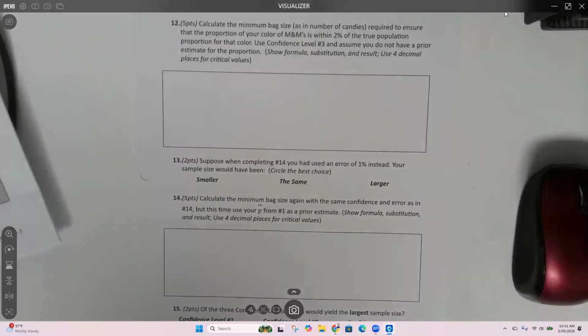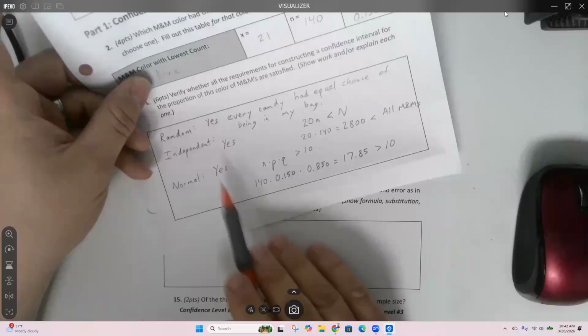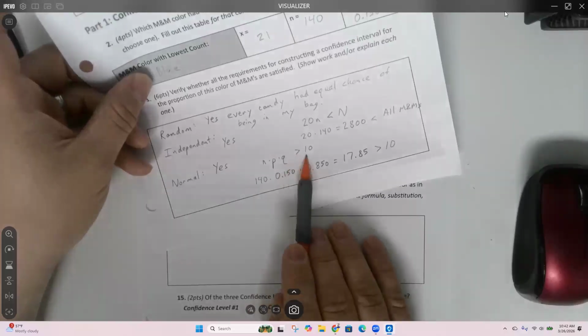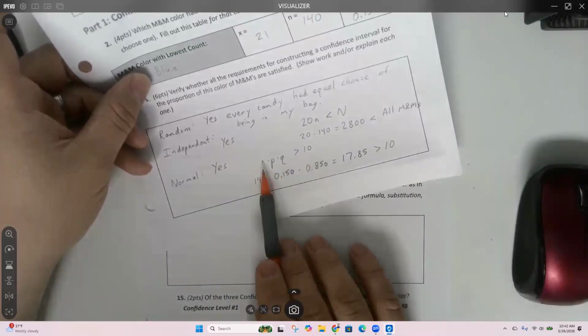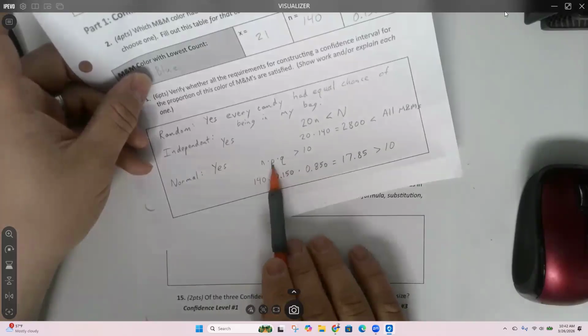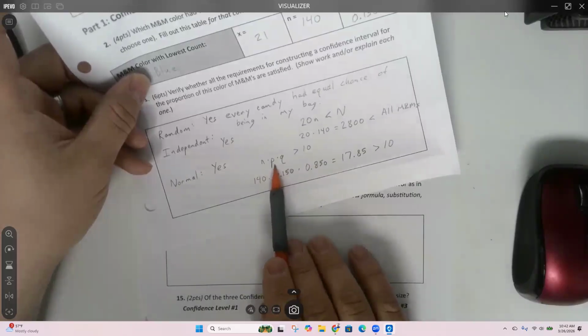So we said that some people ended up getting a no when they checked n times p times q. They said, oh, mine's not bigger than 10. That usually means that your sample size is too small. It might mean your p-value is too small, but you can't control the p-value.